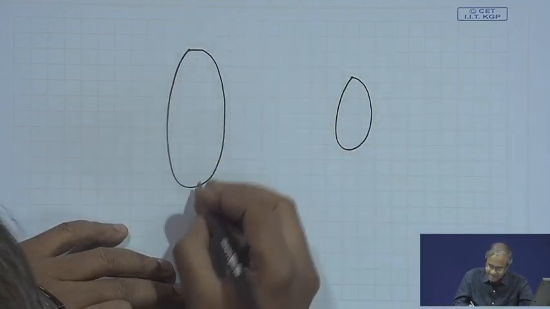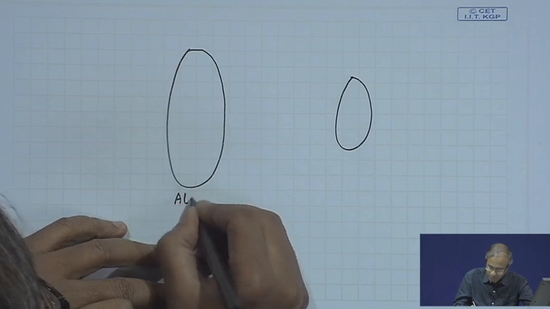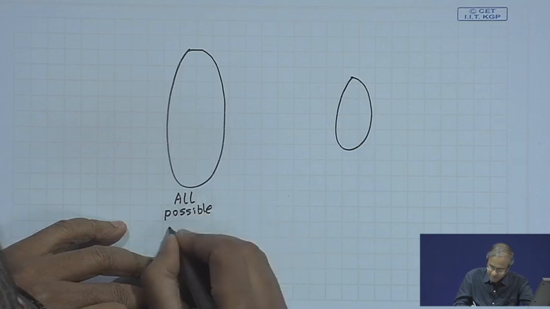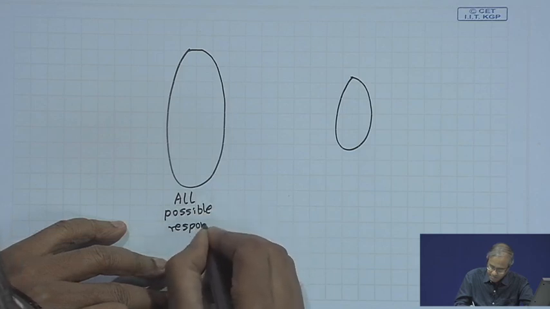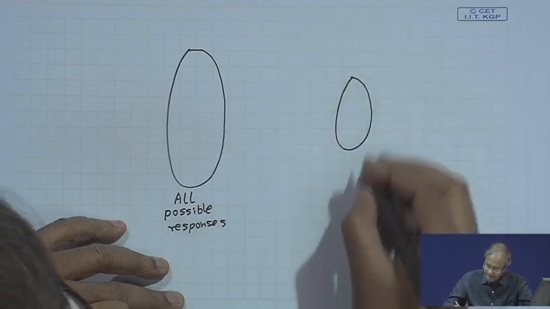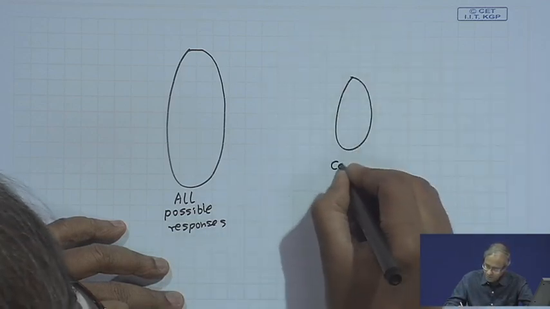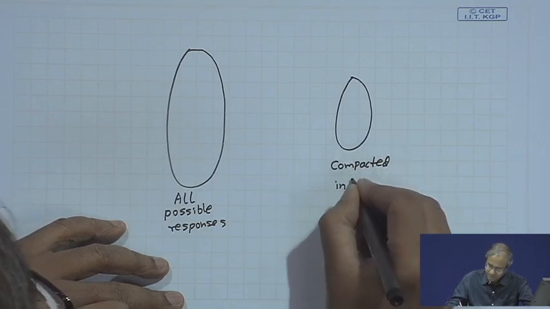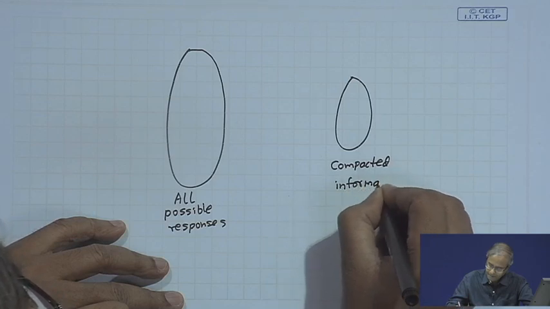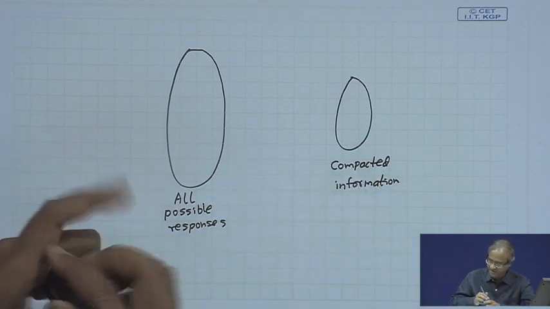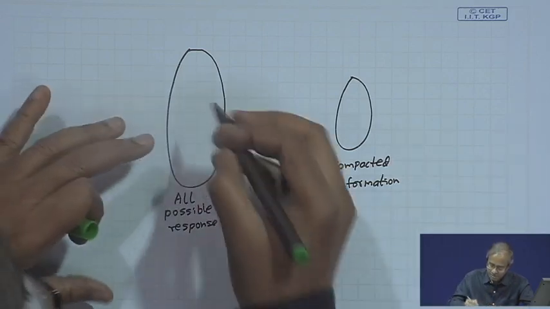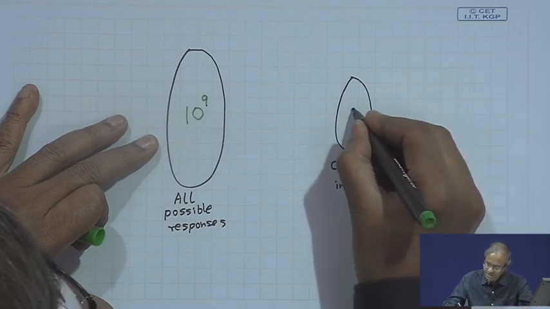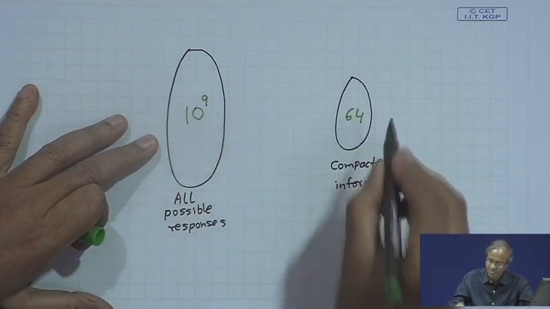Let us say this is the set of all possible responses, and this is the set of compacted information. In the example that I have just now mentioned, we are possibly compacting 1 billion bits of data into, let us say, 32 or 64 bits of data. It is a huge compaction.